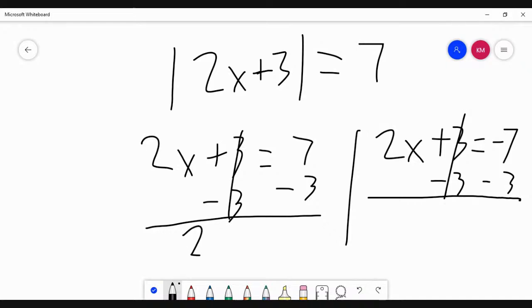Cancel, cancel, bring down my 2x, equals 7 minus 3, that gives me 4.